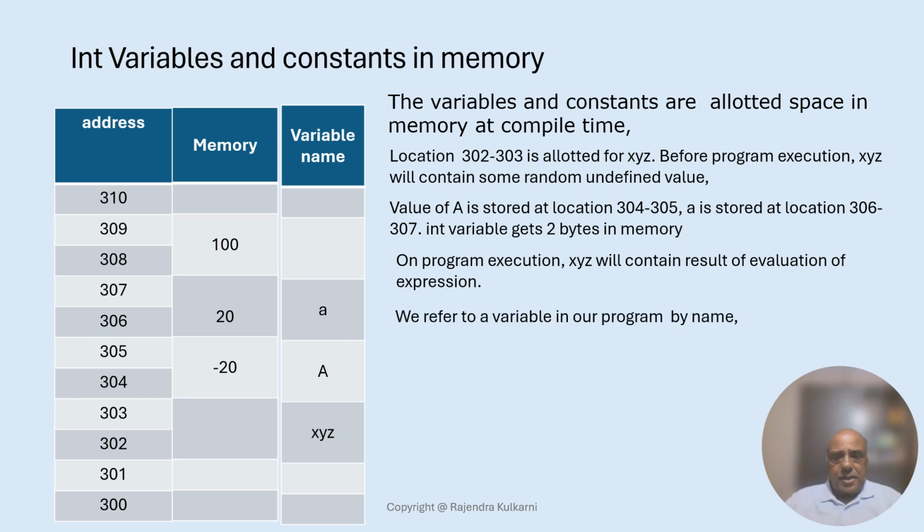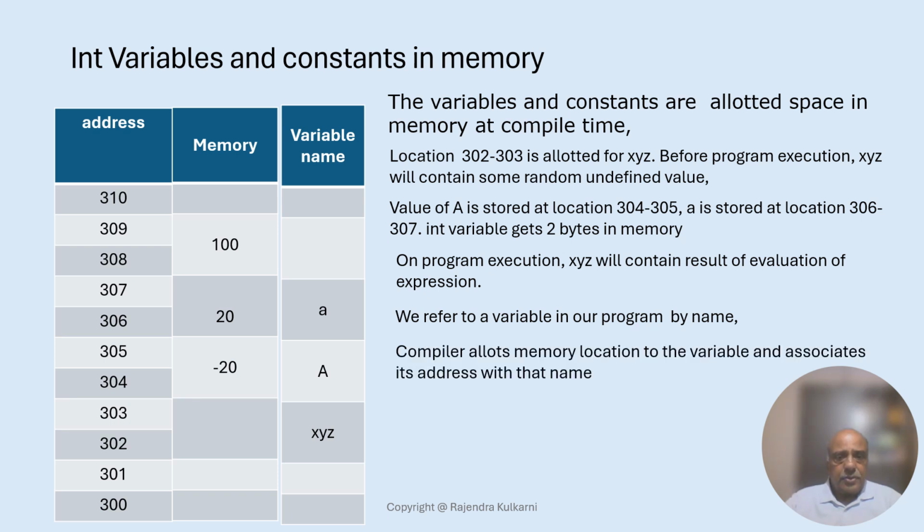In our program, we refer to a variable by its name. We refer to int A, int XYZ, and so on. Whatever variables we are using in the program, we name those variables. The compiler allots the memory location to the variable and associates its address with that name.